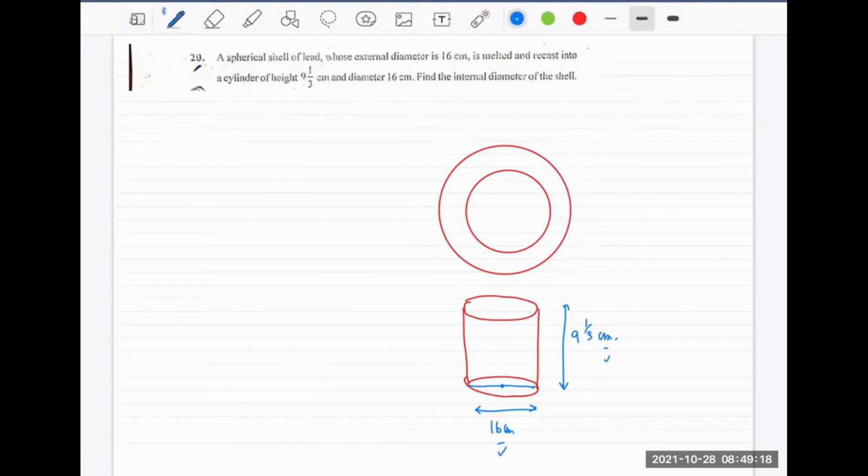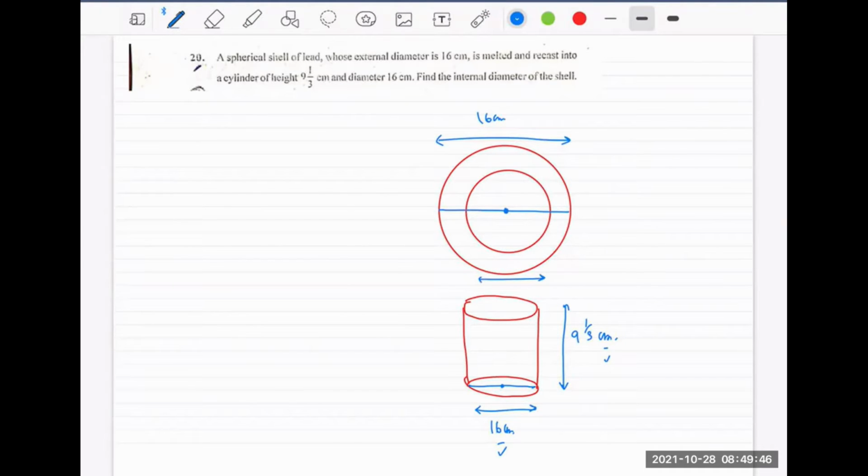Let's draw it here. The external diameter from here to here is given as 16 centimeters. What do we have to find out? We have to find the internal diameter, from here to here. We need this portion. Get it? The internal diameter is what we need to find.